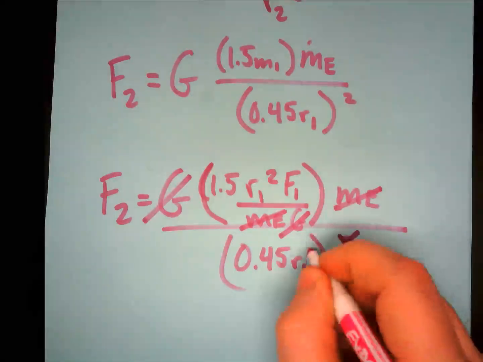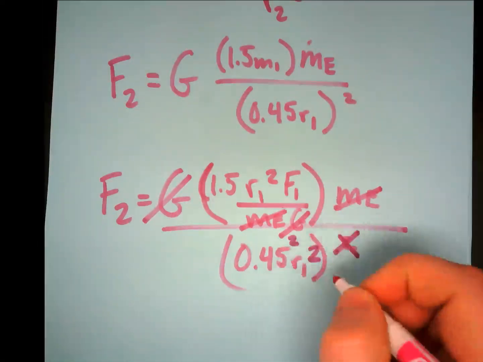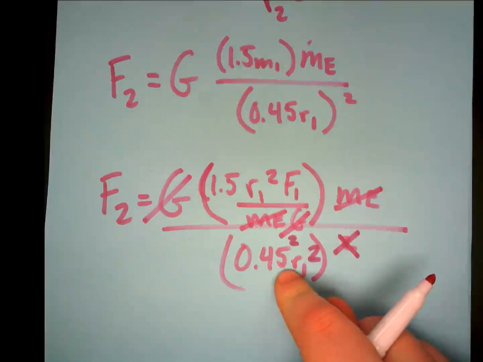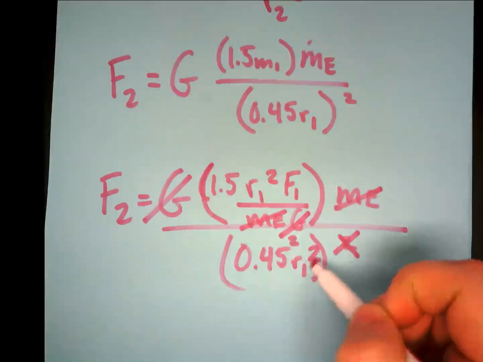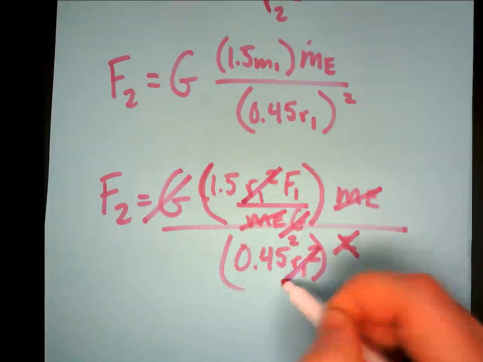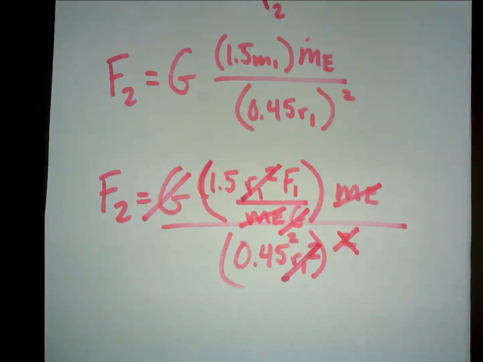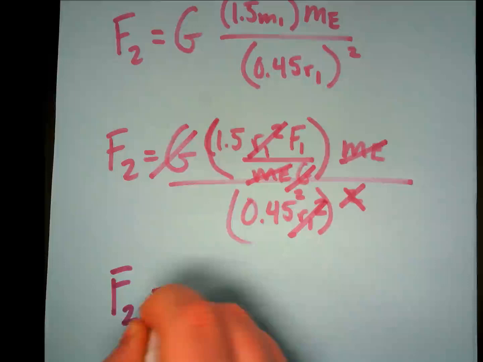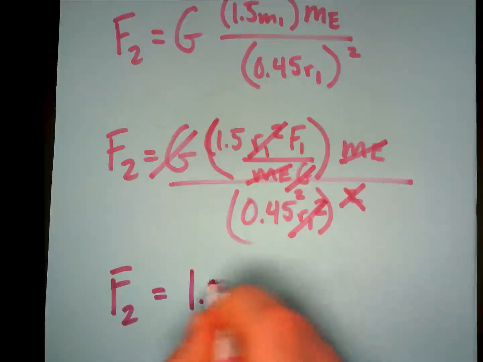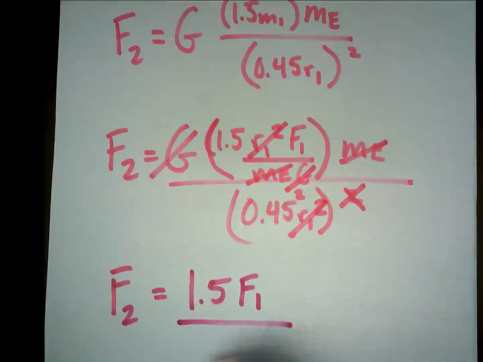If we factored that in, it would be R1 squared times 0.45 squared. And why would I do that? Well, look at this: R1 squared divided by R1 squared gets rid of that. Now let's see what I'm left with. F2 is equal to 1.5 times F1 divided by 0.45 squared.